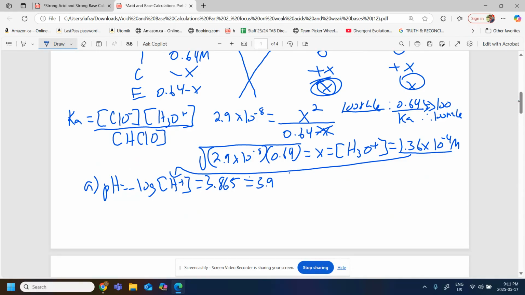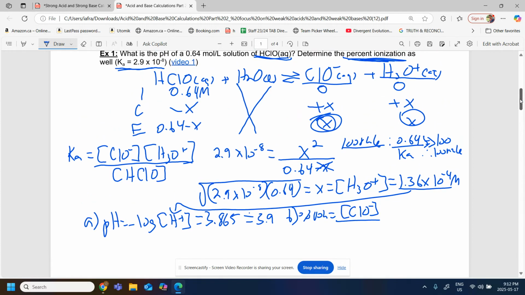Now, the next part of the question was a percent ionization. So the percent ionization is going to be equal to the concentration of the conjugate base, which is ClO- at equilibrium, over our initial concentration, 0.64.